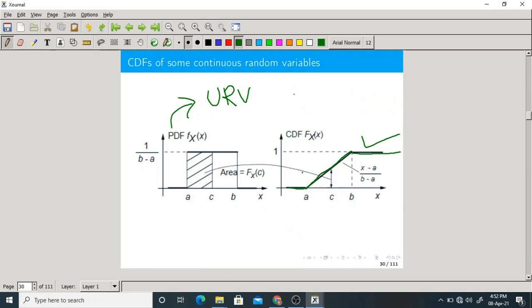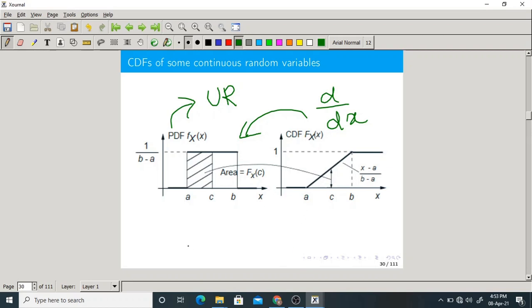Differentiation of CDF. Okay, you differentiate this CDF, what do you get? You get the PDF. Isn't it? You do one thing. Do differentiation of this. What do you get? So up to a, it is 0.